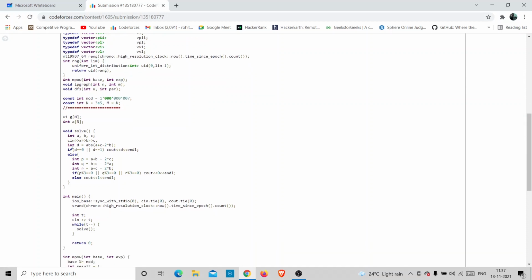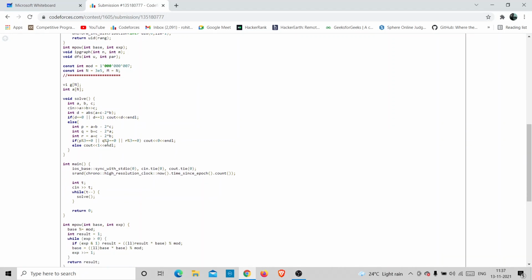I basically did the same thing. We first take the input and then we do d equal to absolute of a plus c minus 2 times b. If we get the answer directly as d equal to 0 or d equal to 1, we'll just write d. Otherwise, I'm taking three variables p, q, r, such that these are the combinations of a, b, c, right?